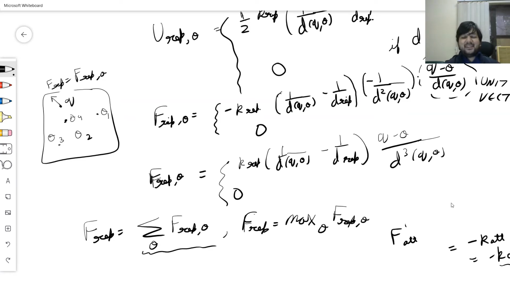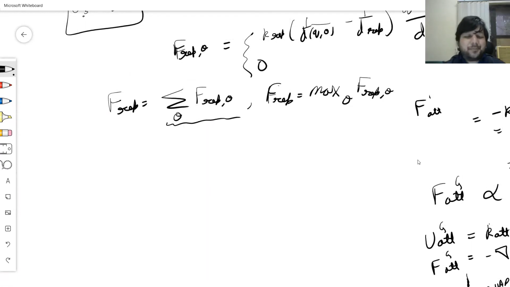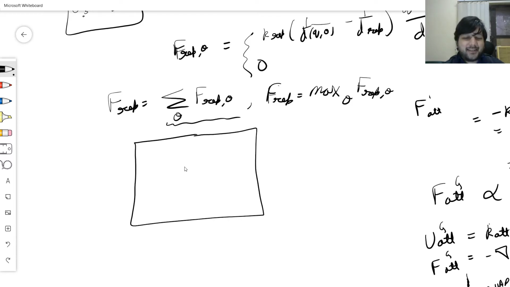But then we haven't looked into practicalities, which we'll look at soon. Now I've got an obstacle over here like this. So there are infinite point obstacles. Do I really need to take this boundary, whichever format it is represented in, and since it's continuous, integrate it over all O?